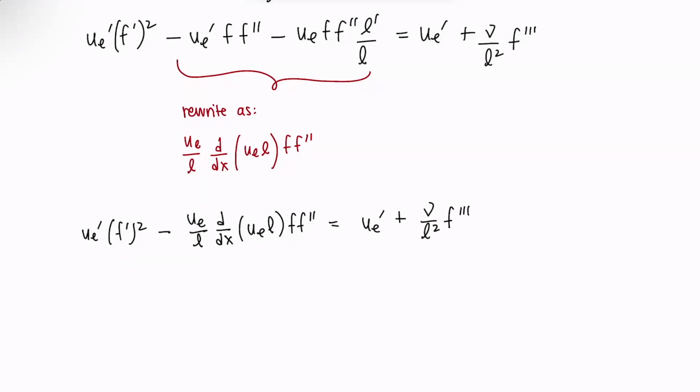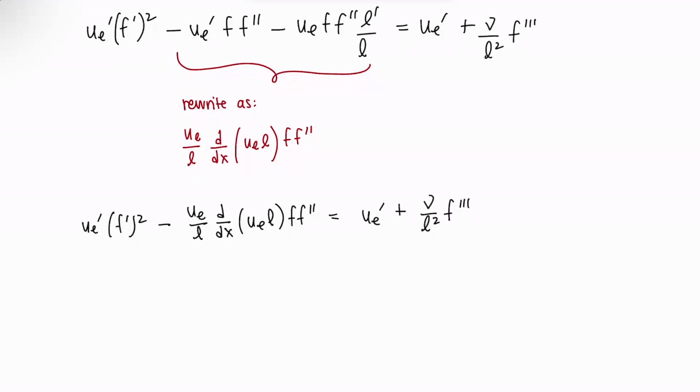Okay, so I ideally would like to have the highest order derivative with a leading coefficient of 1. And then I'm going to rearrange these terms so that I have 1 times F triple prime plus the descending derivatives after that. So I am going to multiply by L squared over nu.